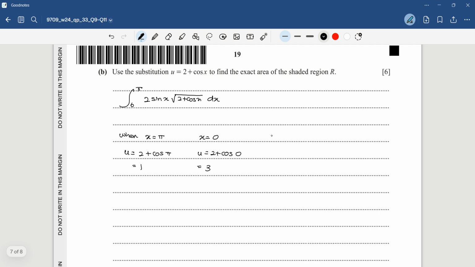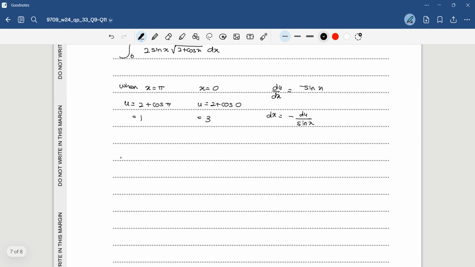Okay, and then my du over dx will be, differentiate cos, you will get negative sin x, therefore my dx will be negative du over sin x. So we can already change everything. When x equals 0, u equals 3.